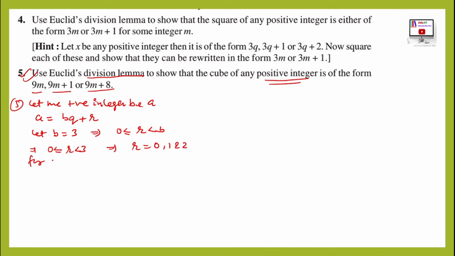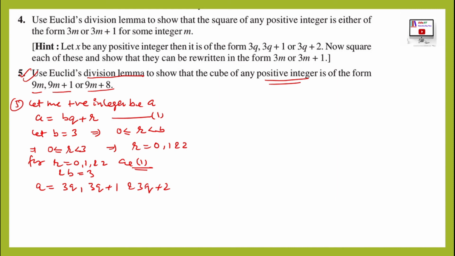So for r equal to 0, 1 and 2 and b equal to 3, equation 1 will be a is equal to 3q plus r: 3q plus 0, that is 3q, or it will be 3q plus 1 or it will be 3q plus 2.